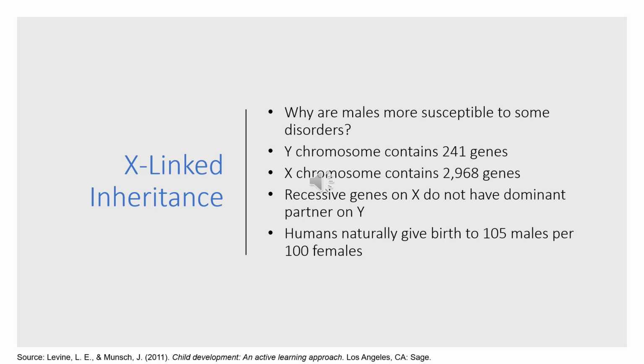The Y chromosome contains only a couple hundred genes, and the X chromosome contains close to 3,000 genes. So if you get something undesirable on the X as a male, you don't have anything to cancel it out on the Y. Evolution takes care of this by humans naturally giving birth to more males than females, because more males are going to die sooner.